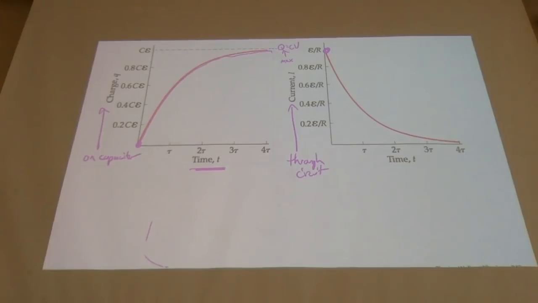So a couple of different things I have to tell you about this. First of all, what to start with? Let's write an equation for this one. So Q as a function of time, the amount of charge that's on the capacitor, is equal to Q max, the maximum you could possibly put on there, times 1 minus e to the minus t over a constant tau, the Greek letter tau.